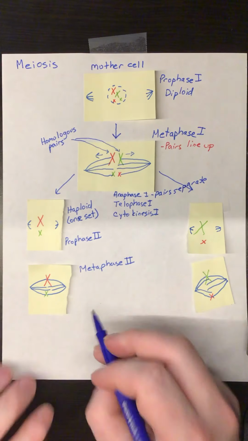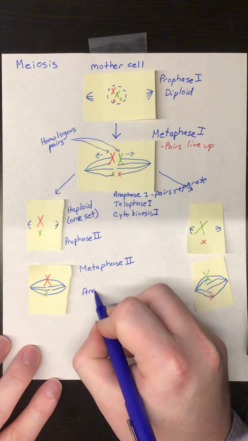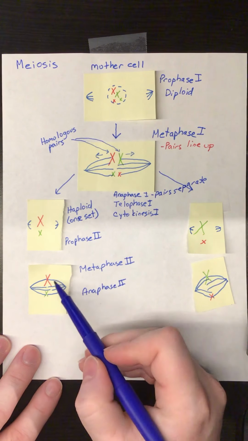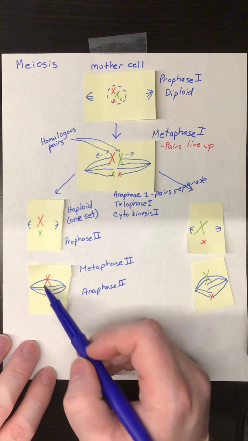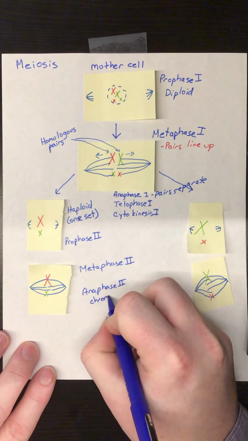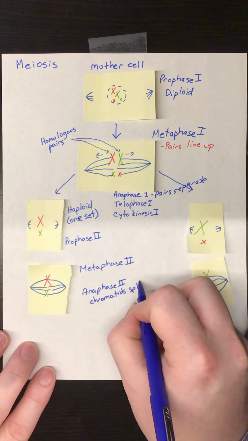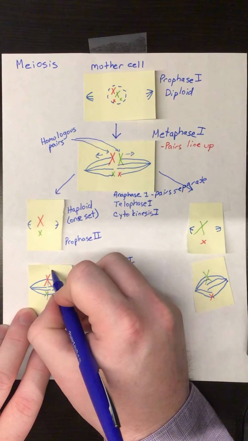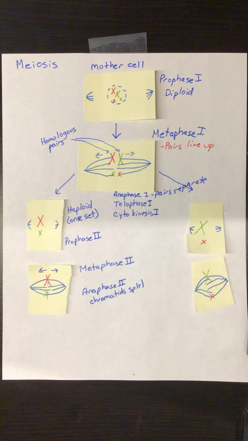Well, in anaphase 2, what's going to happen is that these chromosomes are going to actually split up, these chromatid pairs. So that's the chromatids split. So this part is going to move this way.